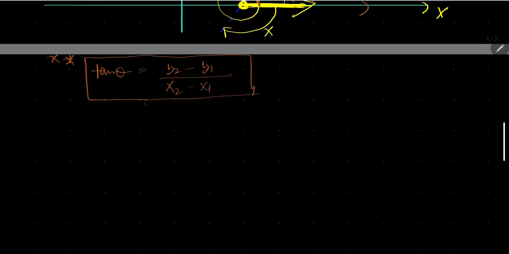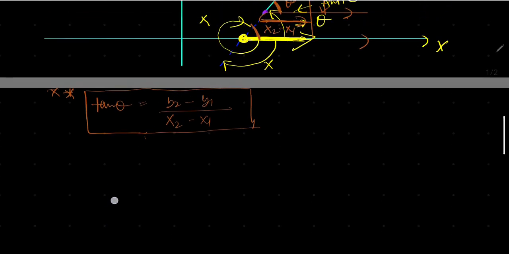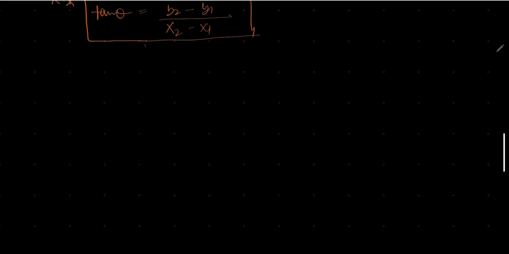Now let's discuss the slope of various lines, on the basis of whether it is positive or negative. Let's say I am drawing some lines like this.